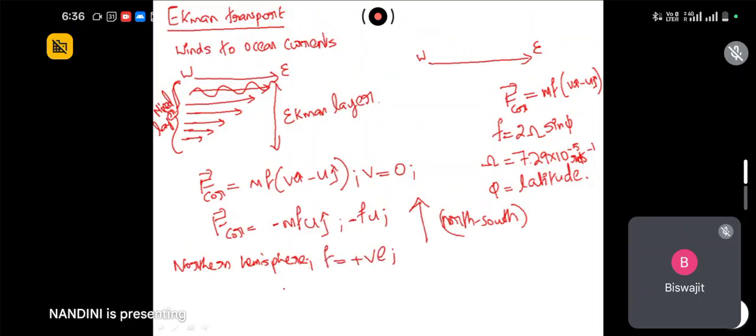If F is positive, then the Coriolis force, minus F U, will be negative. Negative in the sense that it is minus j. Positive j represents south to north, so minus j means north to south.